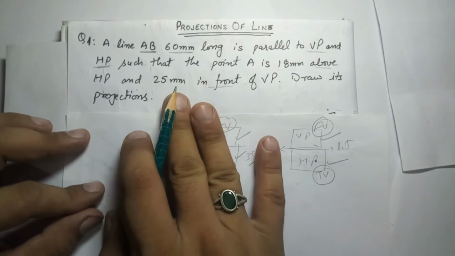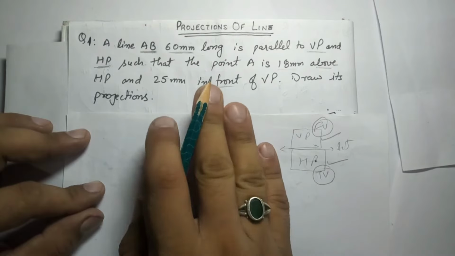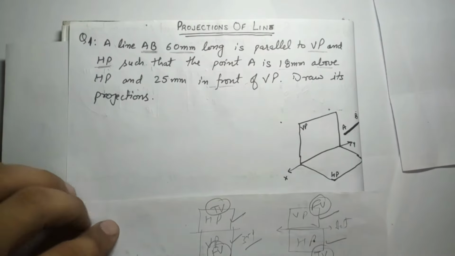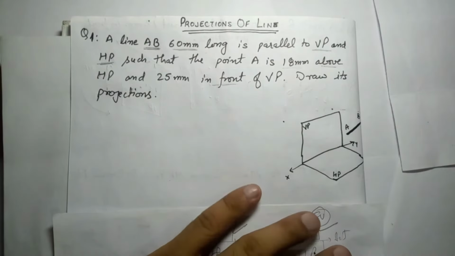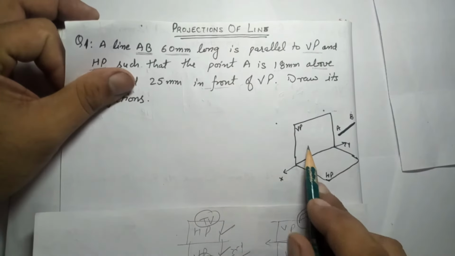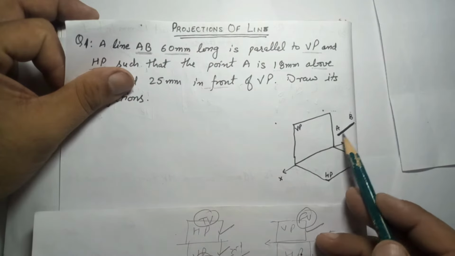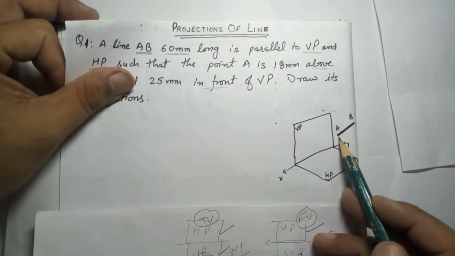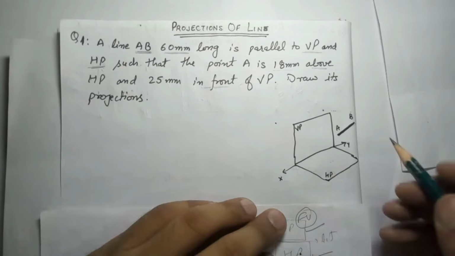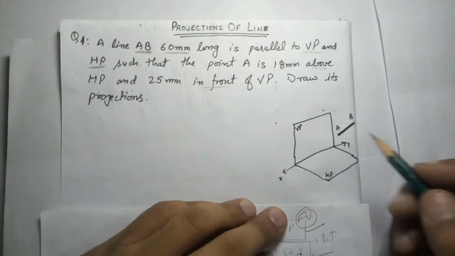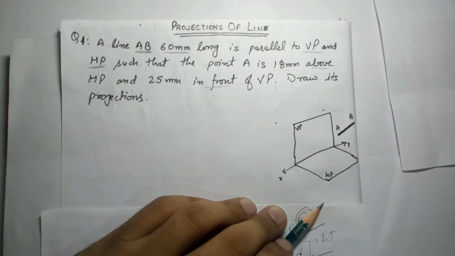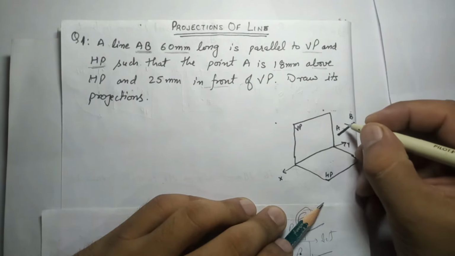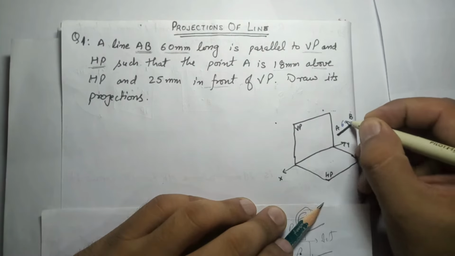Now the question says it is the case of the first quadrant, with the line parallel to both. So I have drawn the quadrant. This is the first quadrant, VP and HP, and the line is AB, parallel to VP and parallel to HP. Let's see the given values. The length of the line is 60, so AB is 60 mm long.